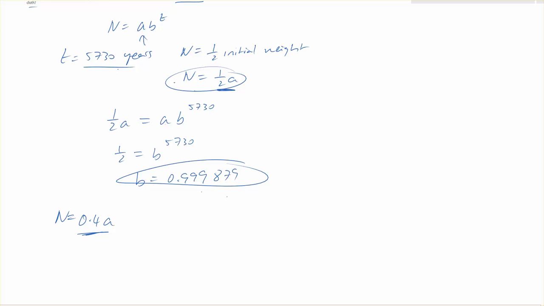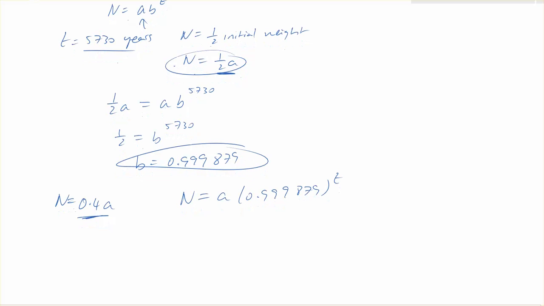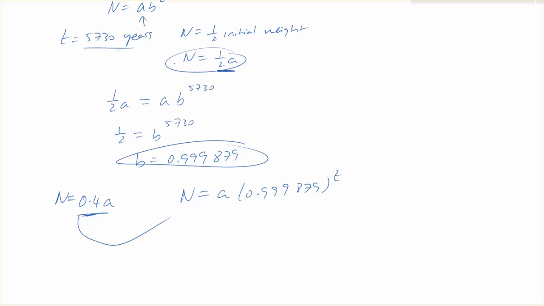Since we know our b value, the equation is now n equals a times 0.999879 to the t. Now n is 0.4a, because we need to find when it's 40% of the initial value.